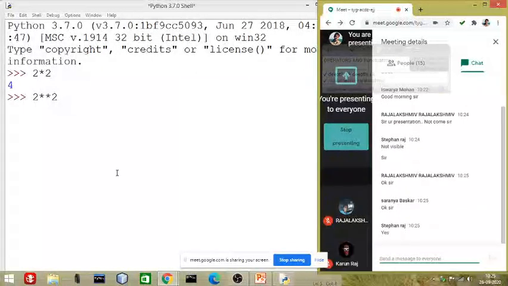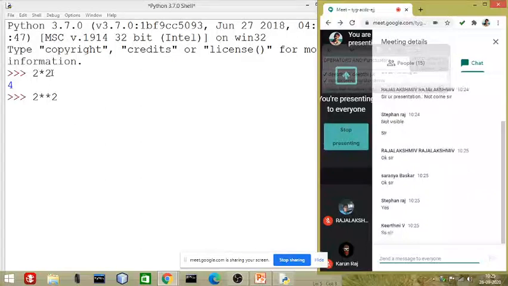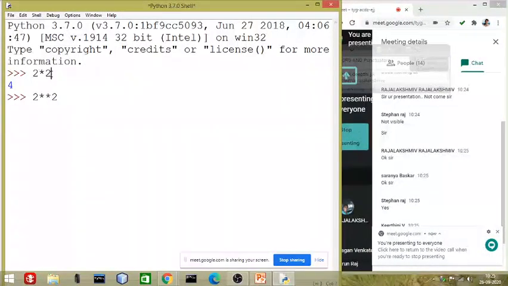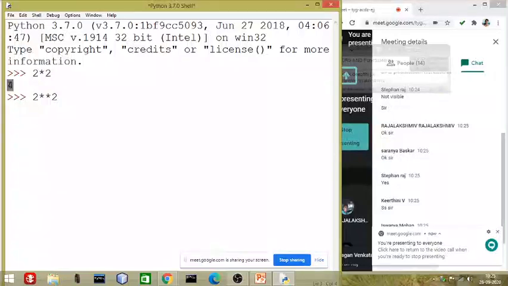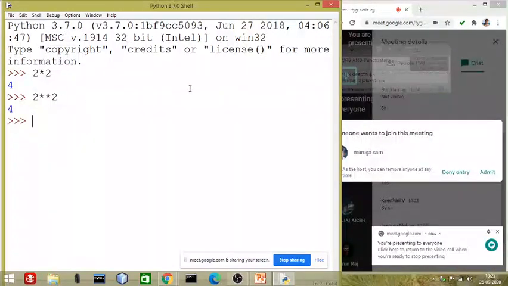So when we use the simple mathematical operator, 2 multiplied by 2, we get the result 4. Now you can see I have added a double multiplication, 2 asterisk asterisk 2. It means it is called power, 2 to the power 2, right? So this type of answer will come.